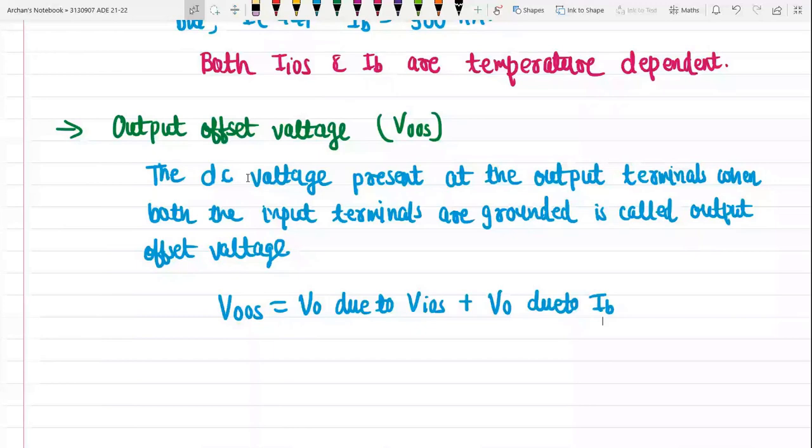So it is necessary to provide the necessary compensation to keep the output offset voltage to a minimum value, right? So some compensating networks are used in operational amplifier circuits to minimize the effect of offset parameters, and these methods are known as offset compensating methods or offset nulling techniques.